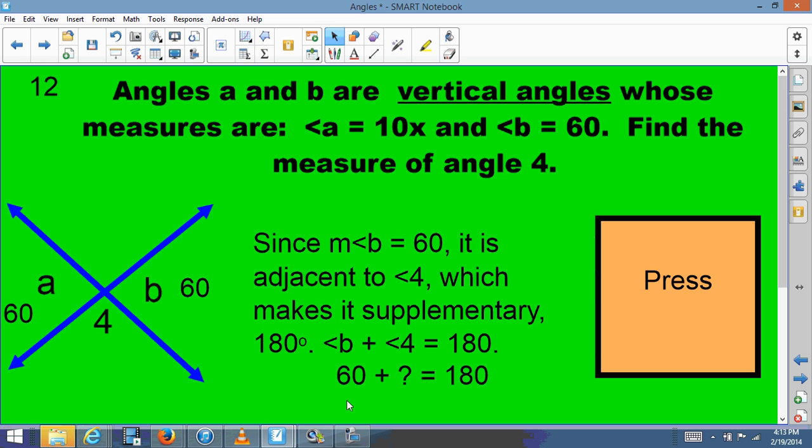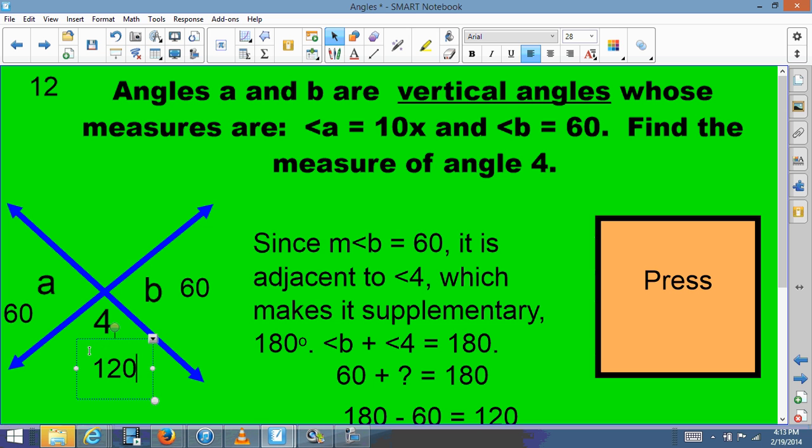Why don't I just do the opposite, 180 minus 60, and that'll give me the answer, and that's 120. So angle 4 has got to be 120.